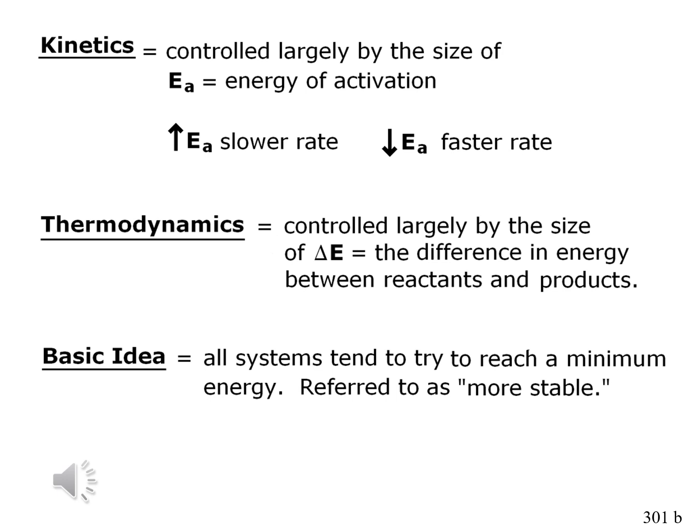In order to understand this, you have to understand a very basic idea, which is kind of a combination of all three laws of thermodynamics. We're going to study all three of those laws next class. The basic idea is that all systems tend to try to reach a minimum energy, which is referred to as more stable.